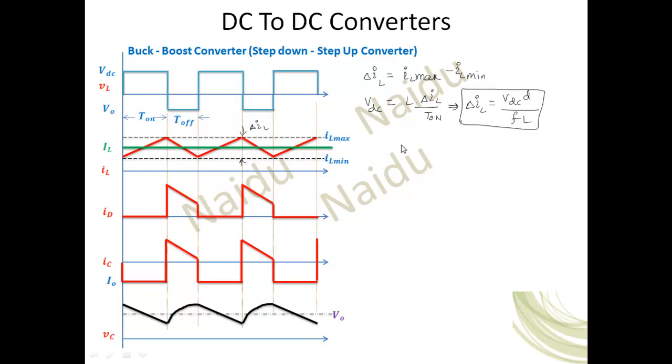So that's one. Next one, here we need to calculate max and min values of the inductor current. Remember, maximum value of the inductor current, maximum value of the source current, maximum value of the switch current, maximum value of the diode current, all are same.